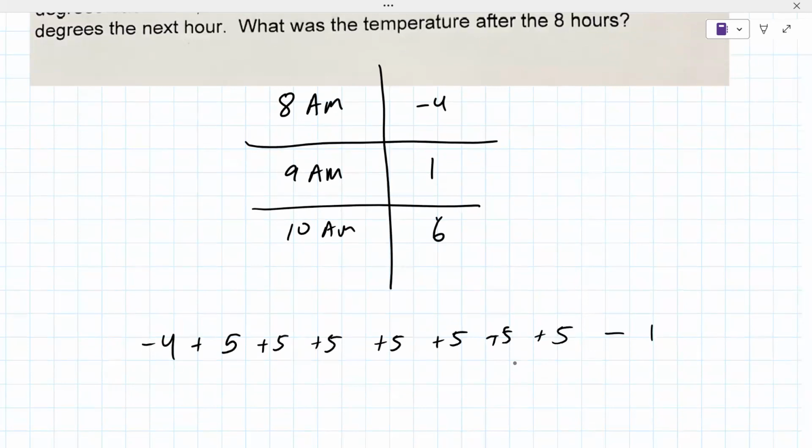Then it would become 6, then 11, 16, 21, 26, then 31. So 31 minus 15 is going to be 16 degrees. The final answer is 16. Good. All right, good job.